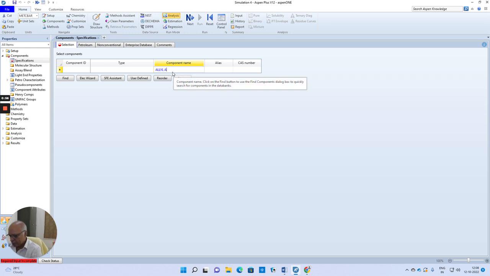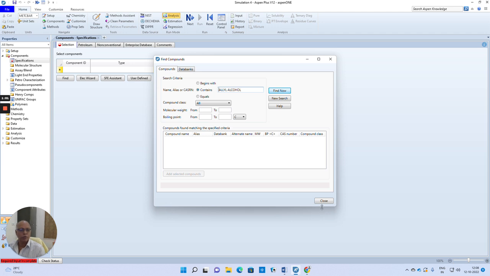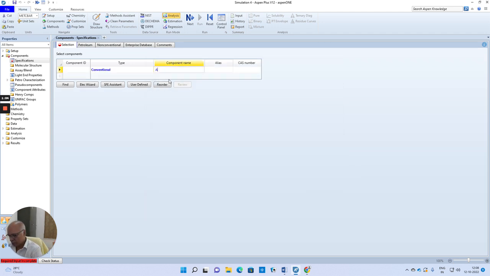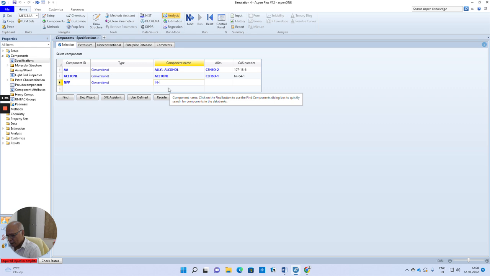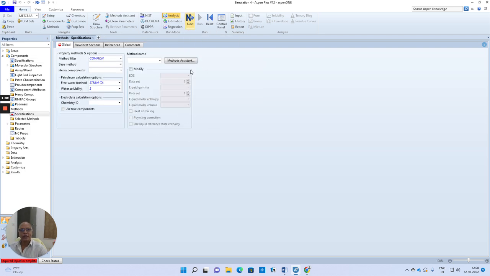Allyl alcohol, let us call it AA, acetone, N-propyl propionate, let me call it NPP. So these are the three components we are handling in this problem. So go to the next.